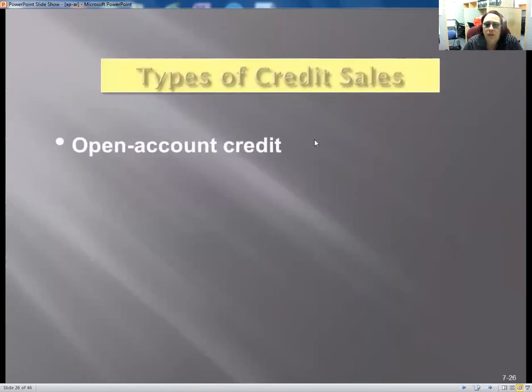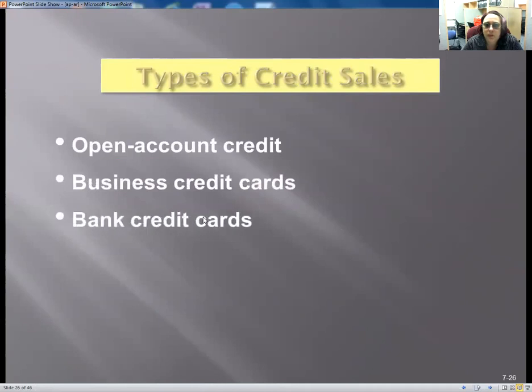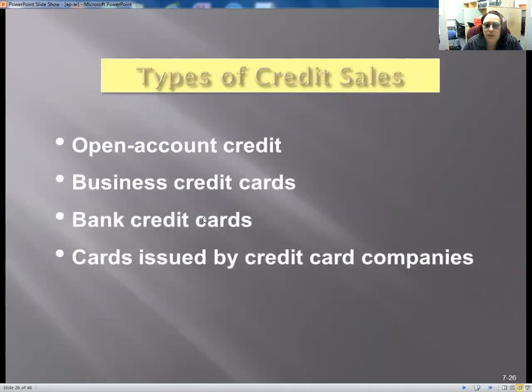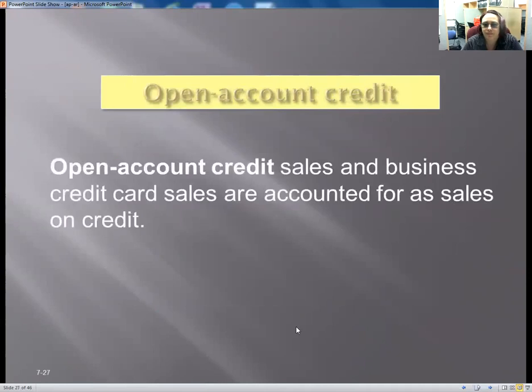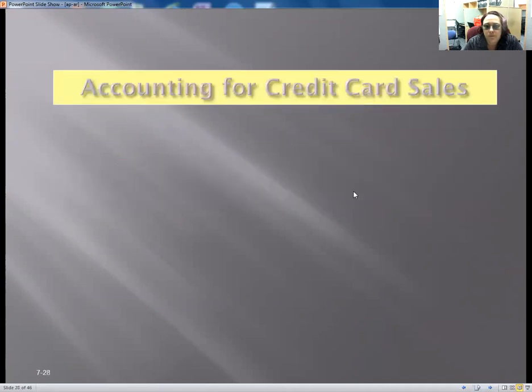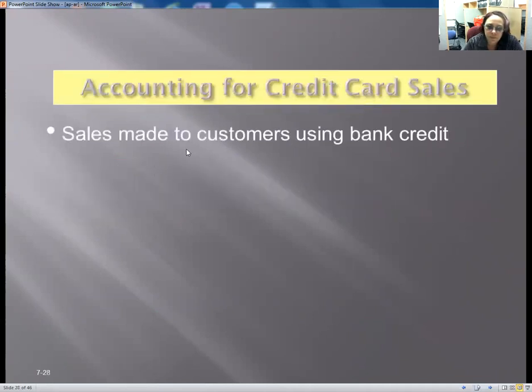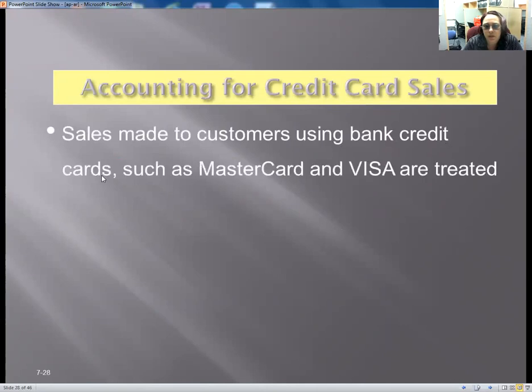All right, open account credit. Business credit cards, bank credit cards, cards issued by credit card companies. Those are open account credits. They're accounted for as sales on credit. Sales made to customers using bank credit cards such as MasterCards or Visas are treated as cash sales.